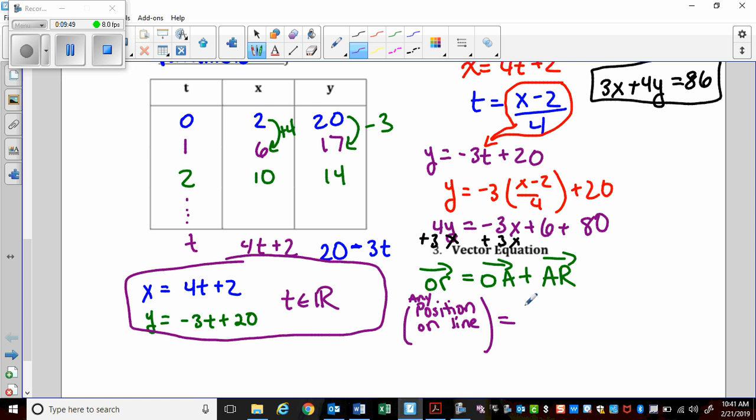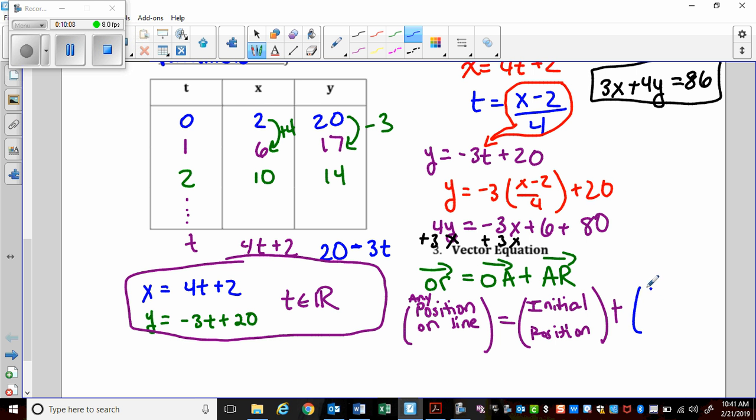And then O to A is my initial position. They told us that A is our initial position. And then eta r is our displacement, or our slope, or our direction.